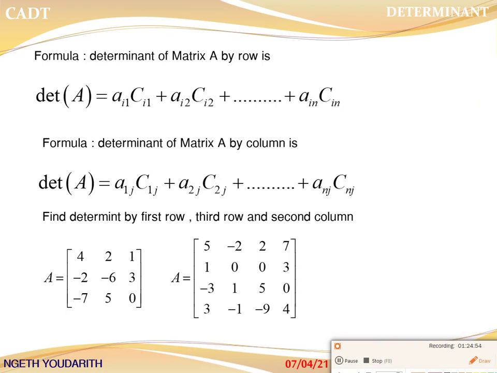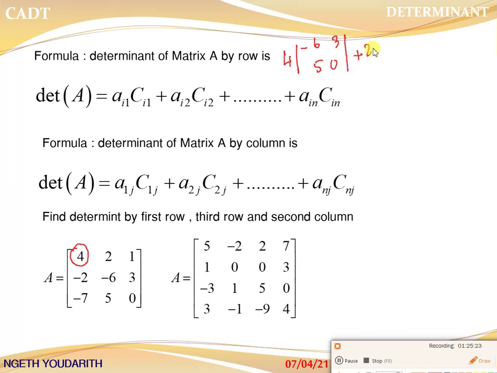I want to find again. This one is 4. I write 4. And I have minus 6, 3, 6, 3, and 5, 0.